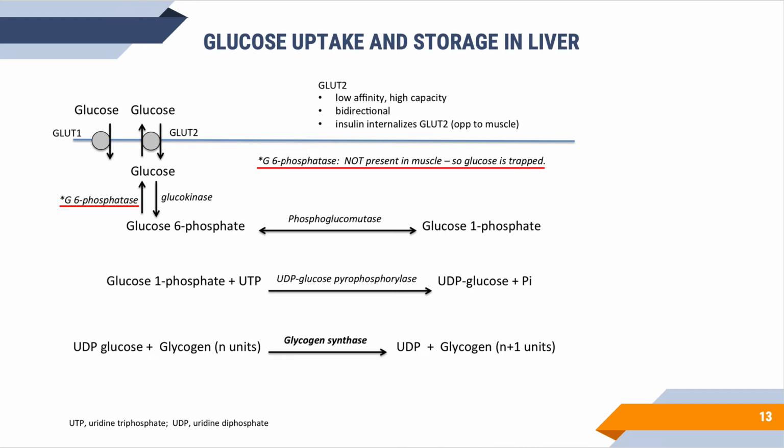The purpose of glucose 6-phosphatase is to take glucose 6-phosphate and turn it back into glucose. By doing this, we're able to shuttle glucose from the liver back into the circulation. This does not exist in skeletal muscle. Once glucose is turned into glucose 6-phosphate in skeletal muscle, it is stuck within the skeletal muscle, or it is trapped within that skeletal muscle.